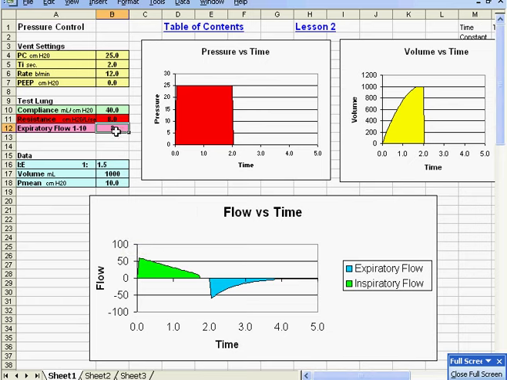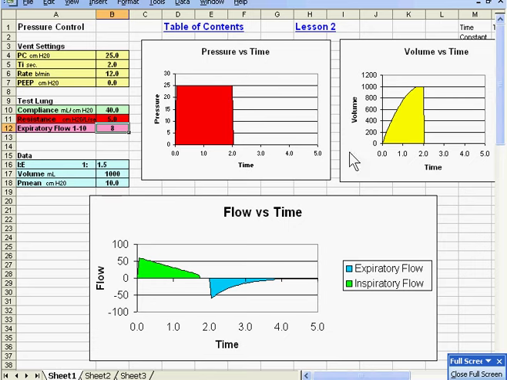So the effects of resistance in the mode of pressure control are very hard to observe. We'll talk later about how you can observe them, but right now you'll notice that there's very little difference between the PIP and P-plat. They're essentially the same at the end of inspiration.